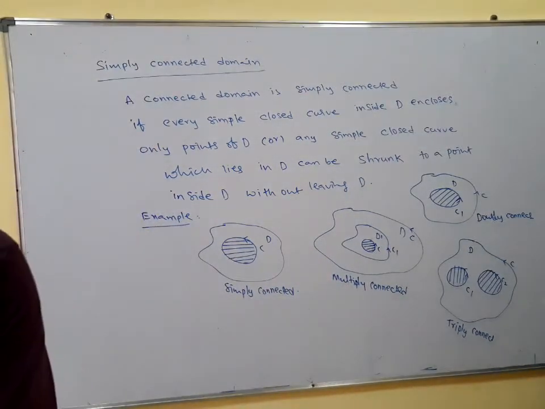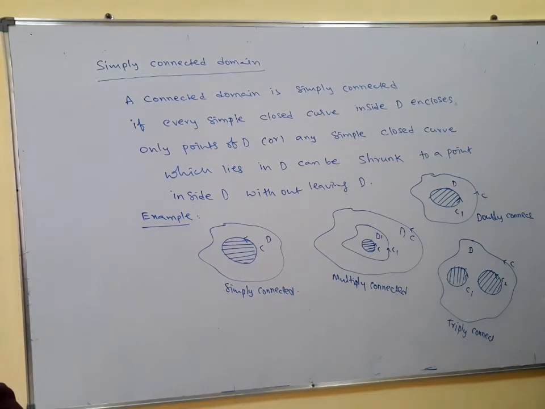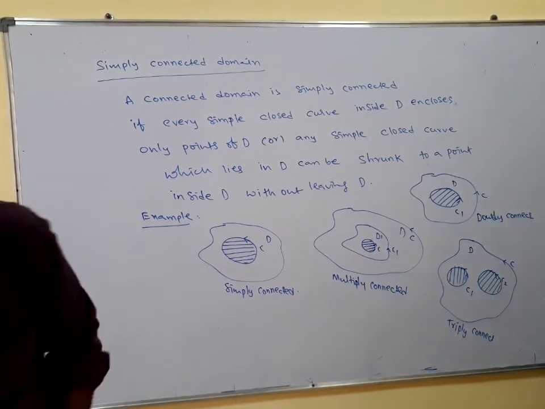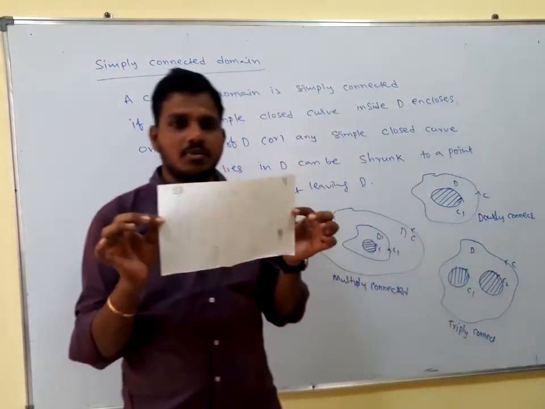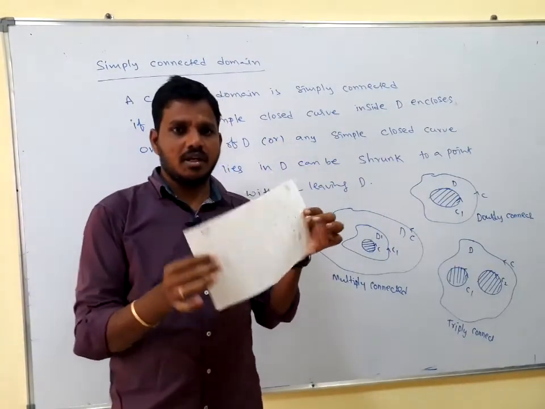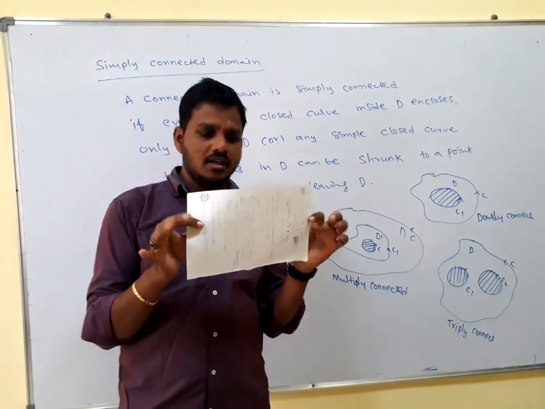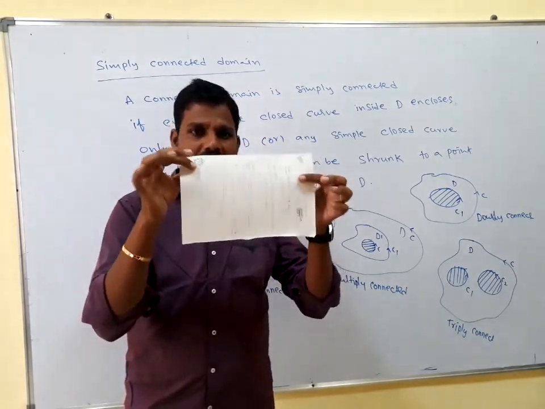To understand the concept of simply connected, doubly connected or triply connected domain, if you take this one, this is the region D. This is a simply connected domain, or simply connected region, in the form of a rectangle.